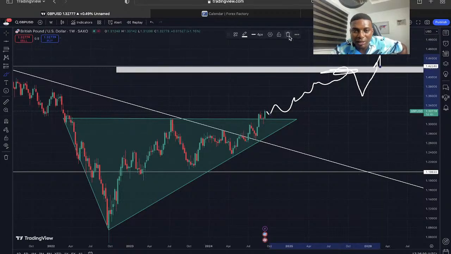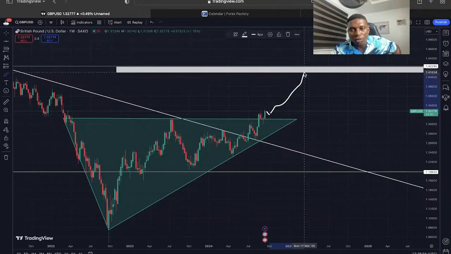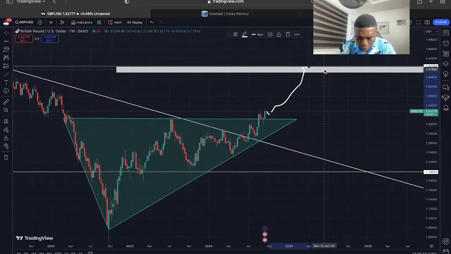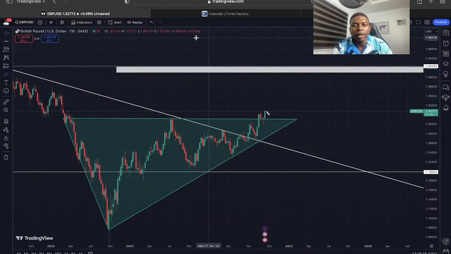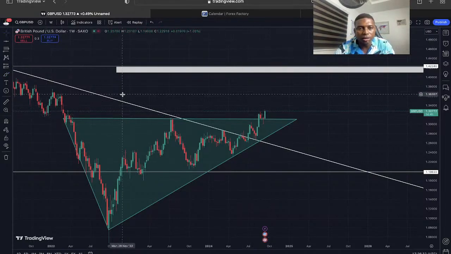However, for the time being, we are targeting the 1.422 level. So it's clear that on a bigger time frame, GBP USD is bullish.